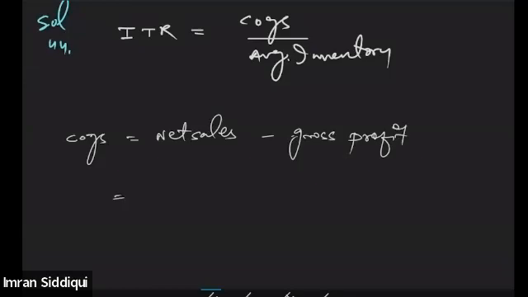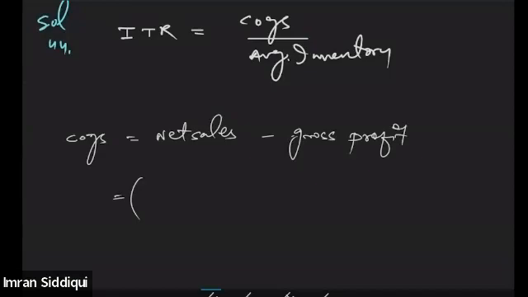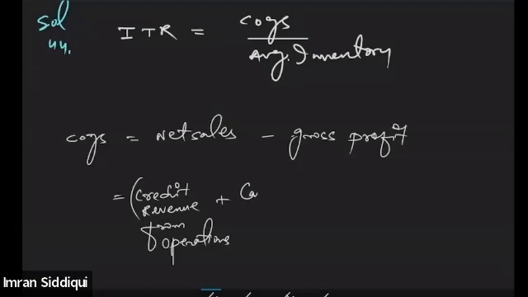But the net sales is not given in the question directly. However, the credit revenue and cash revenue is given. So to find out the net sales, we add credit revenue from operations and we'll add cash revenue from operations.